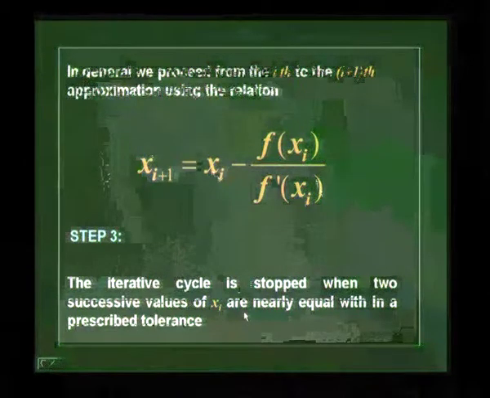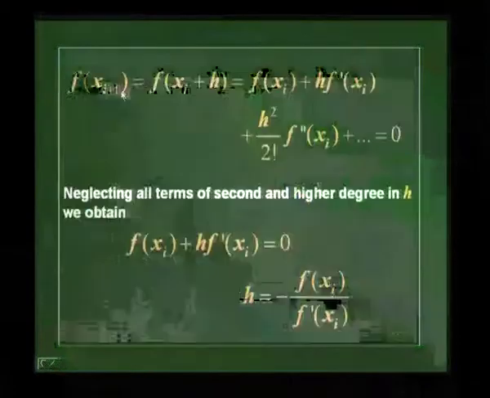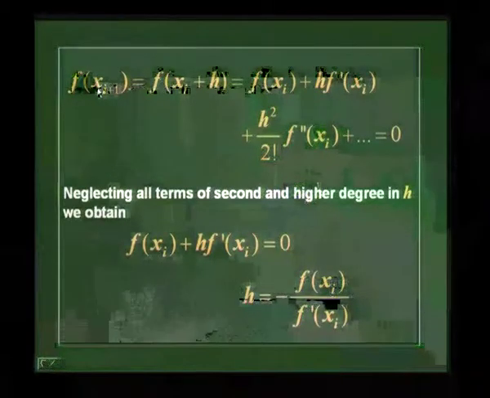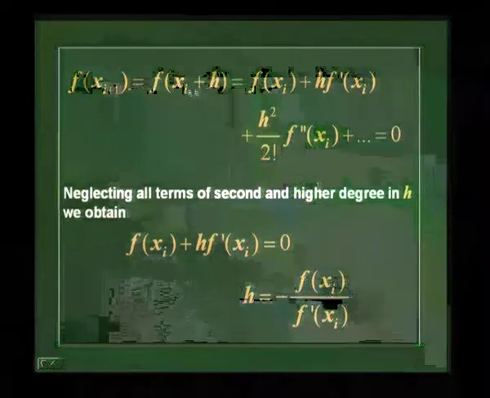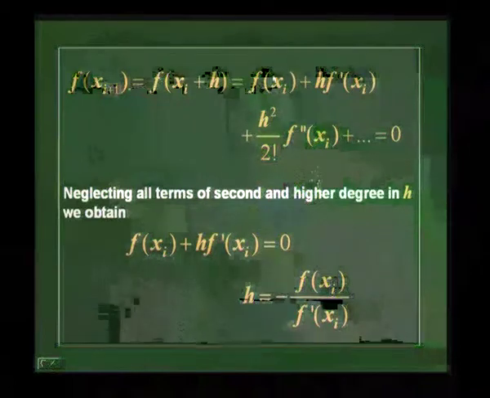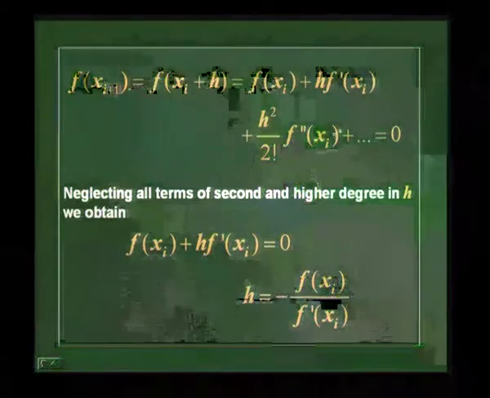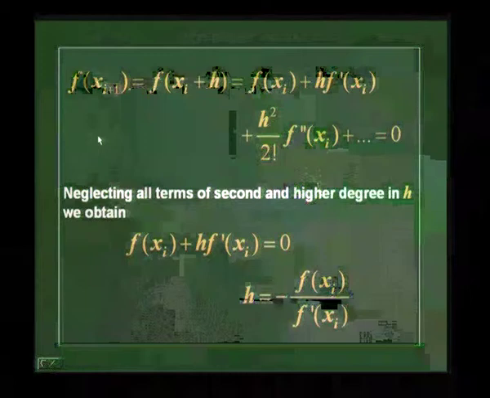Now we can see the implementation of this in code. As I said, the essence is that f of x i plus 1 is actually f of x i plus h, where h is delta x, the change in x. I expand in a Taylor series, terminate it here, and say that it goes to 0.